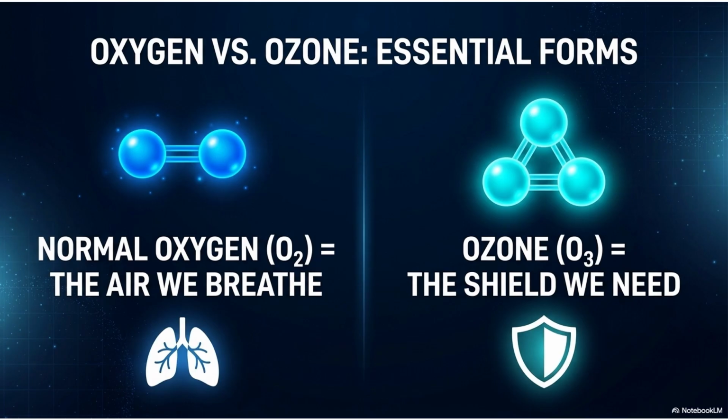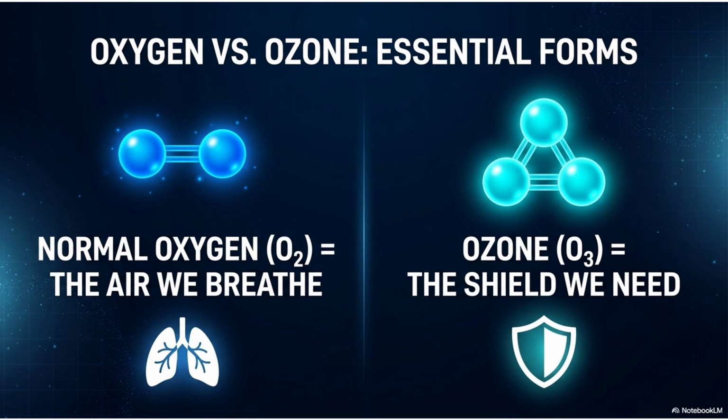Now we need to understand one very important thing, that is oxygen and ozone are not the same thing. The oxygen that we normally breathe is called O2. It is called O2 because one oxygen molecule contains two oxygen atoms. We need oxygen for respiration. But ozone is O3.